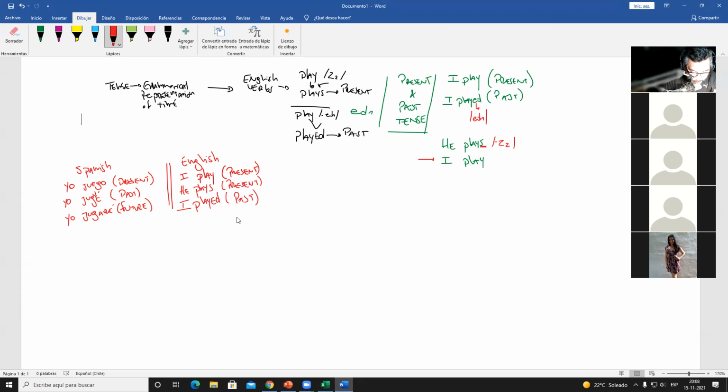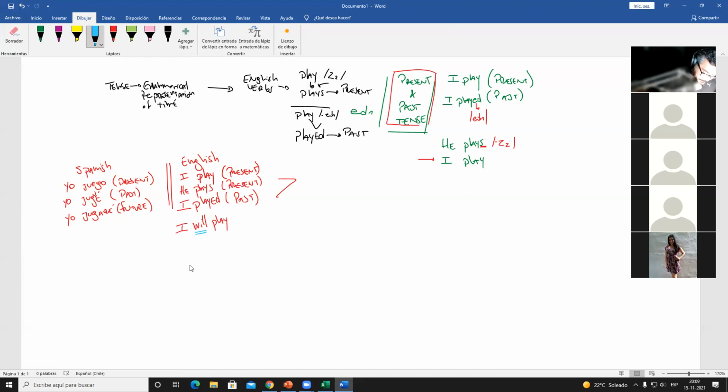Therefore, within the English language, you have just two different tenses, present and past, just two. So how can I state future meaning, future reference? I will do it by using an auxiliary verb, in this case the auxiliary verb will.